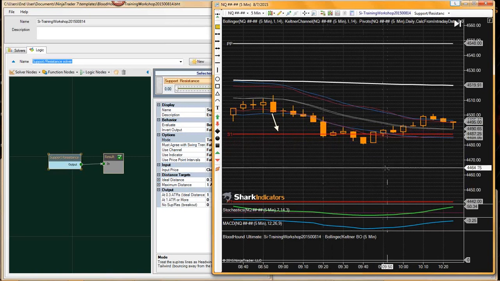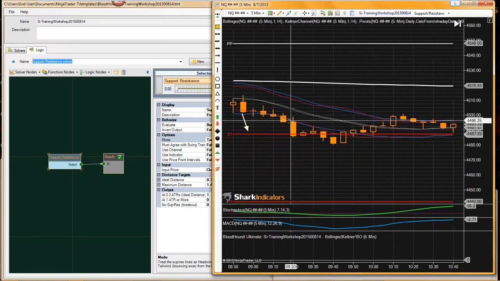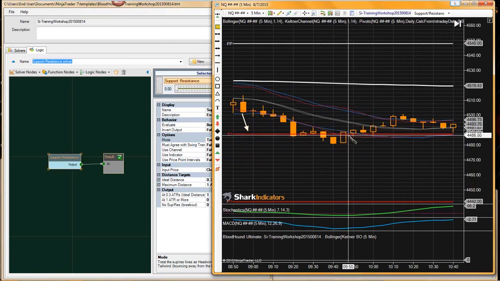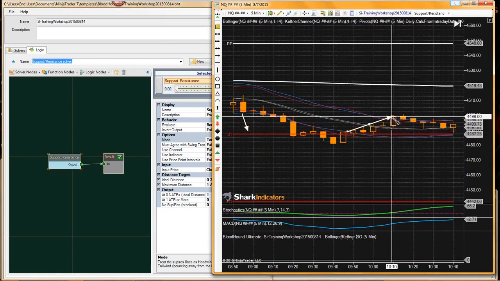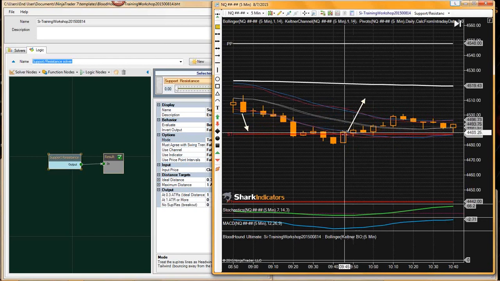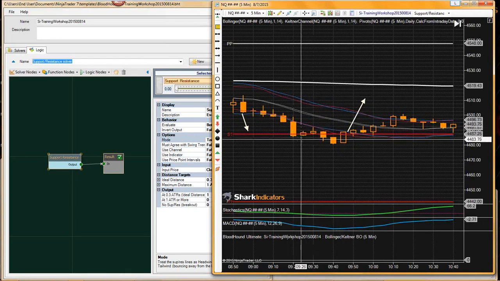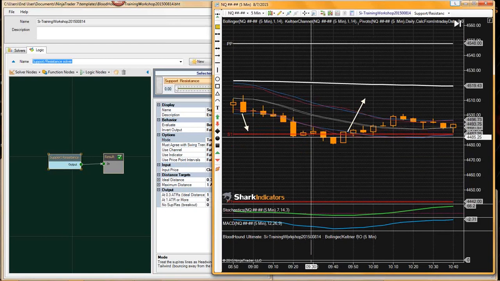So if you like looking for bounces off of support or resistance, for example, say right here you want to take this as some kind of a bounce and go long, tailwind mode will detect when price is close enough to your support resistance to take that bounce trade.